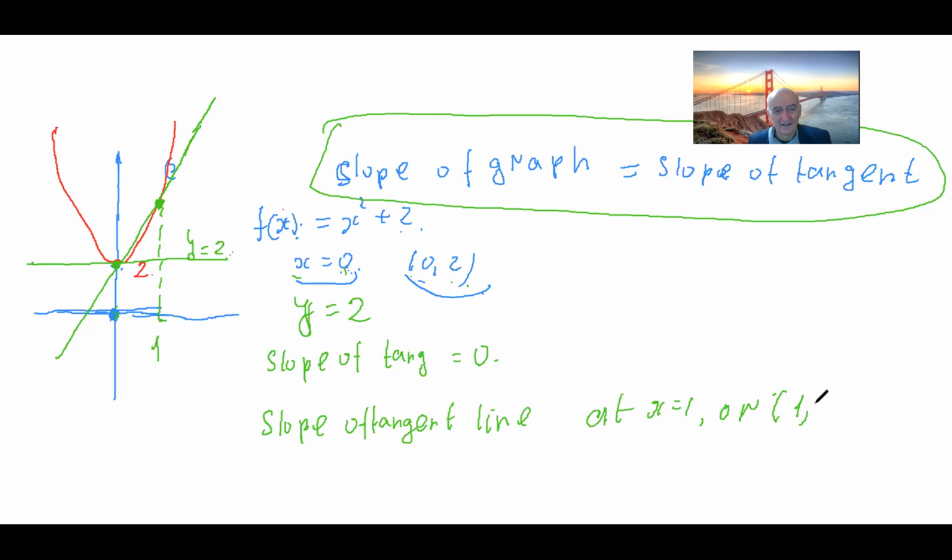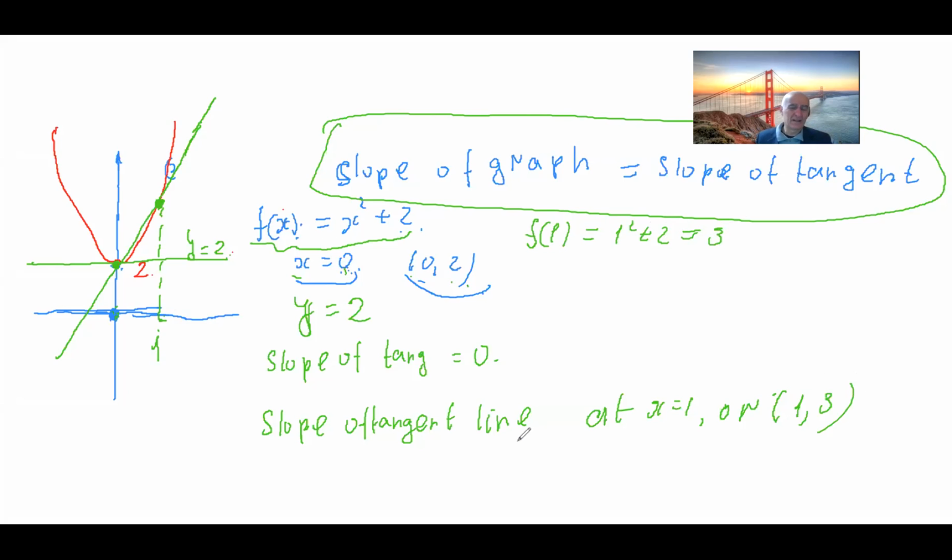What, Rati? 3. Very good, Michael. The second coordinate is 3, and if it's unclear for someone how we got 3, because we have a function f(x) equals x squared plus 2, and we just replaced x by 1, and it's 1 squared plus 2, and it's going to be 3.